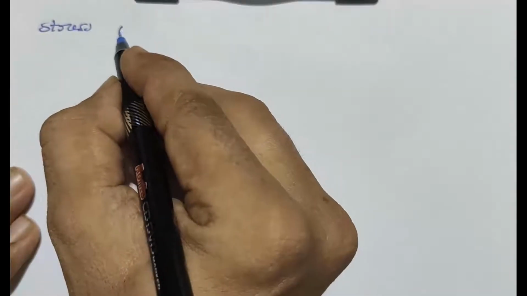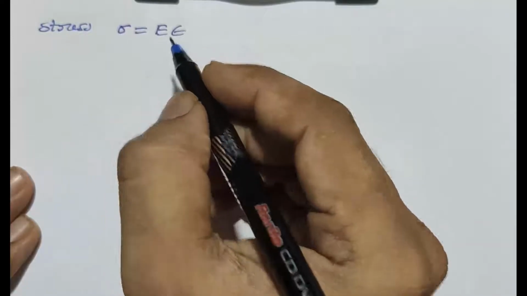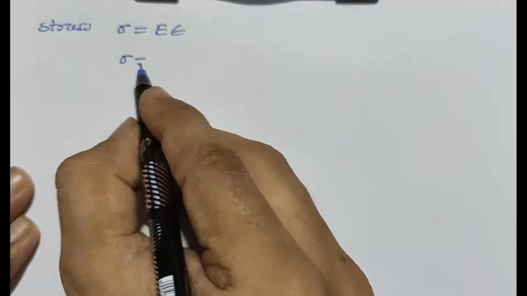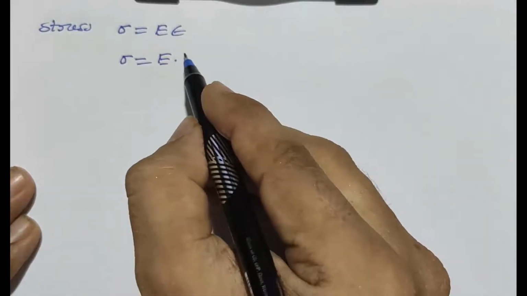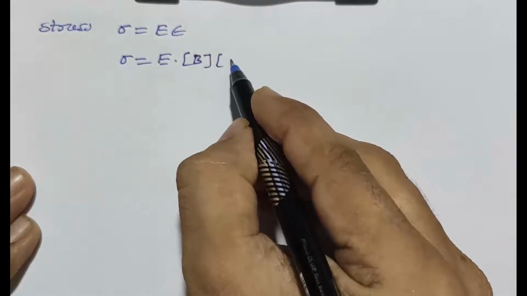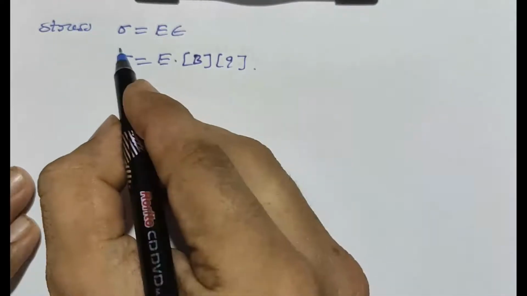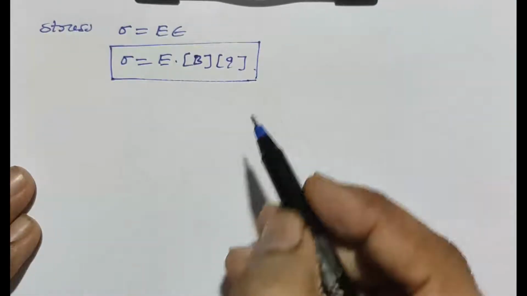Next we need stress. Stress sigma is equal to E into epsilon, which is E into B into Q. This is the expression for stress.